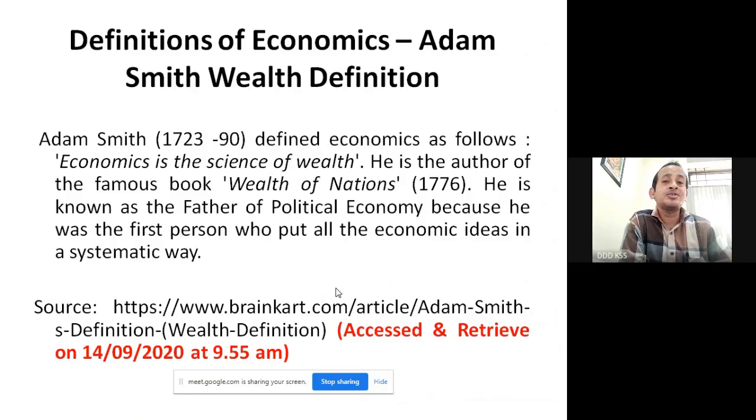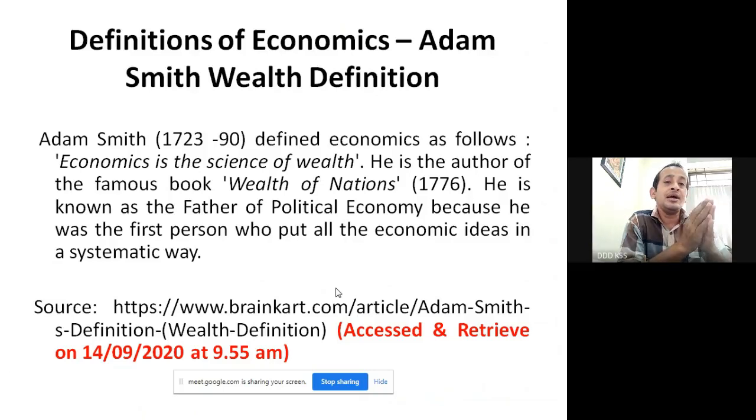Economics is the science of wealth. Here, by wealth Adam Smith does not mean rich people or money. Wealth basically means economic goods or scarce goods. Scarce goods means a scarcity of the goods.